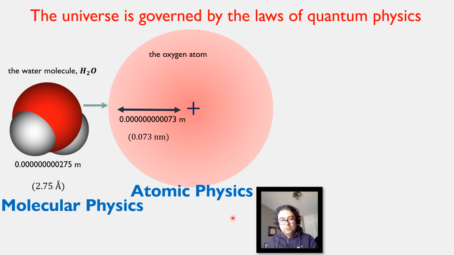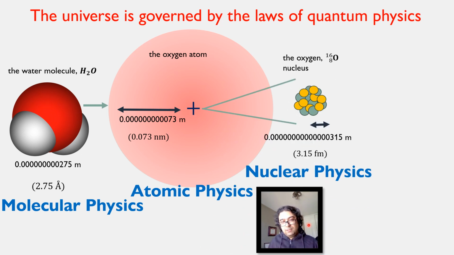Now let's zoom in further. Let's take this nucleus and see what that is made out of. Let's say I'm using the nucleus of oxygen 16. It's the abundant isotope of oxygen.